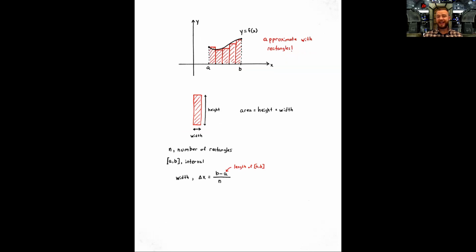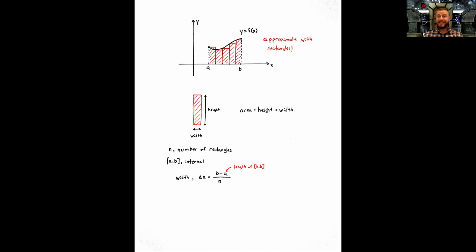And basically what we decide is how many rectangles we're going to approximate with. We're going to call that number of rectangles n. We take the interval that we're looking at, the area beneath the graph over a to b, and we're going to divide that interval into n smaller intervals. So we'll split the big interval into n smaller sub-intervals.